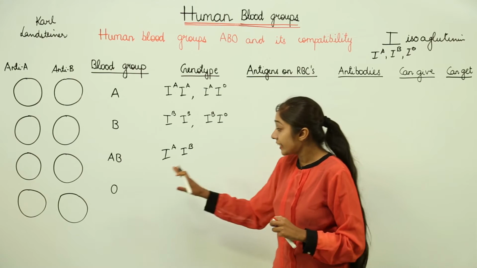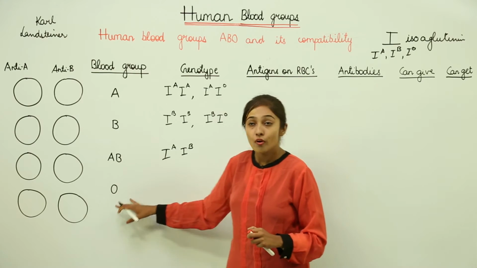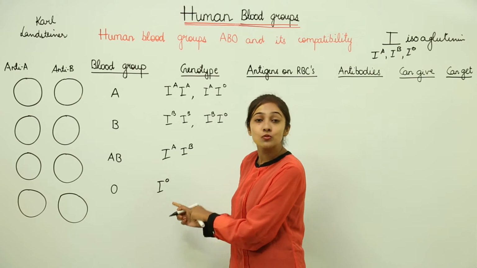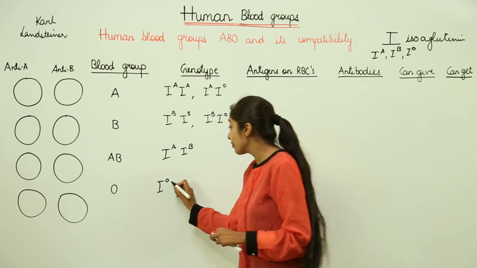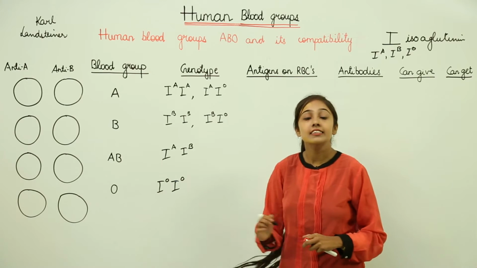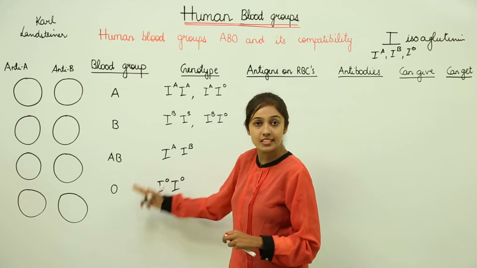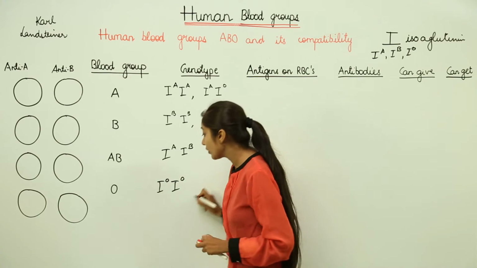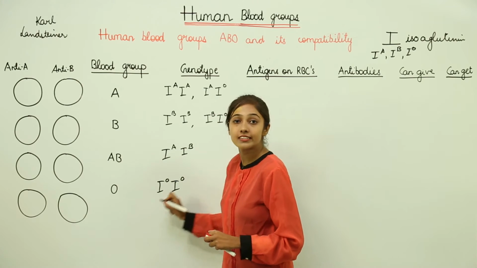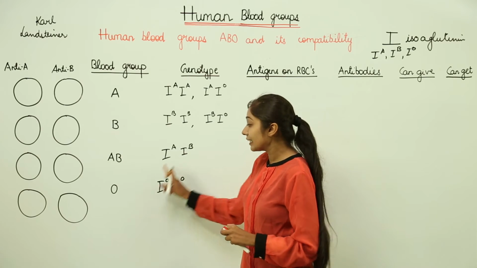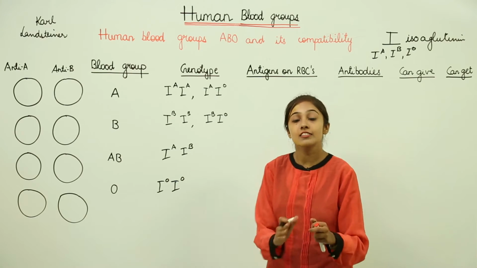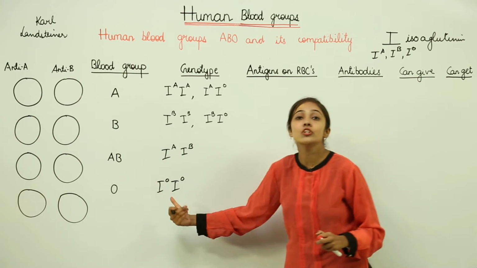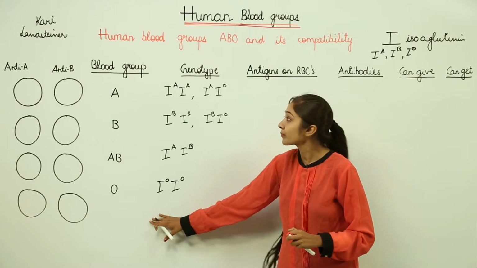Then in case of blood group O, we have the genotype IO IO, because I told you that this is the recessive allele. It is expressed only when both the alleles are recessive. So in case of blood group O, we have just this combination.